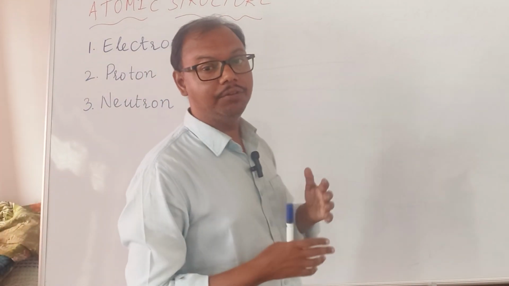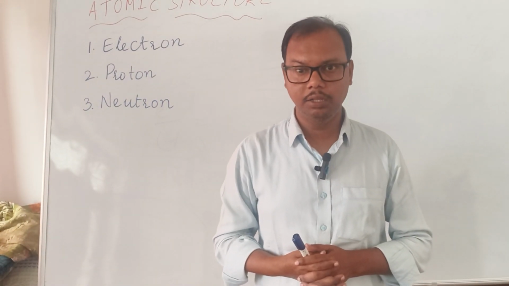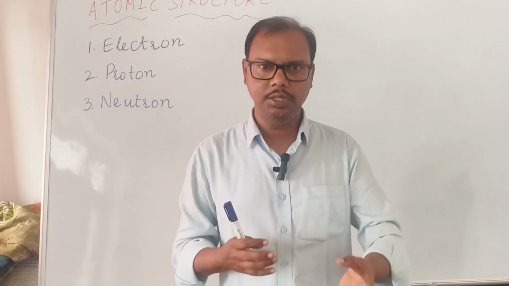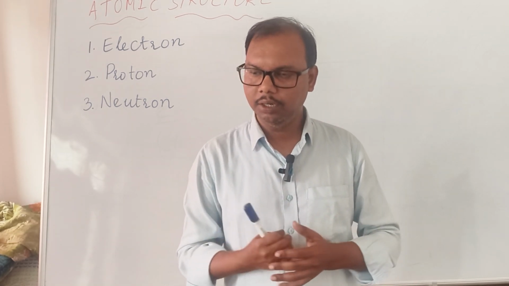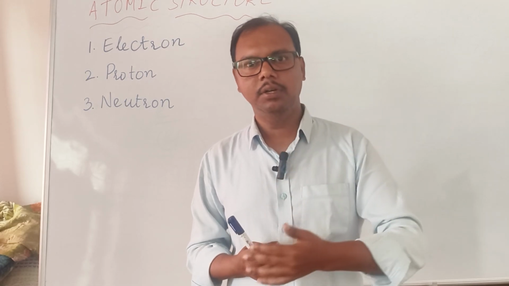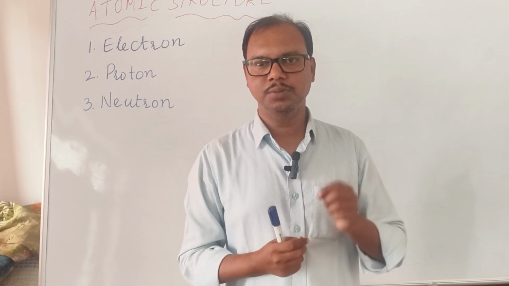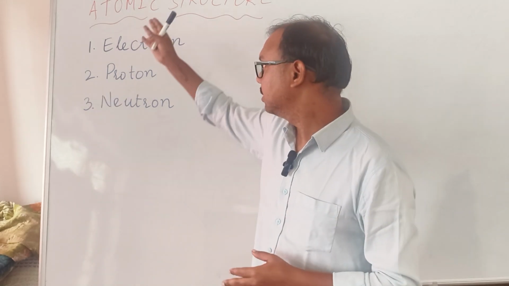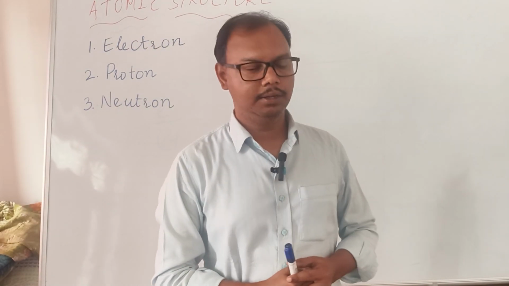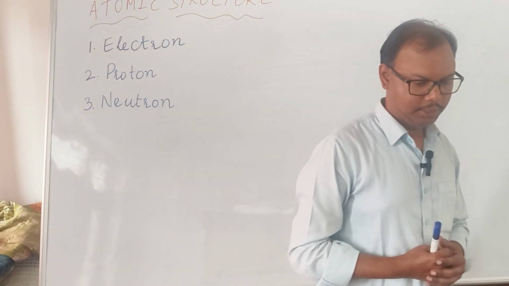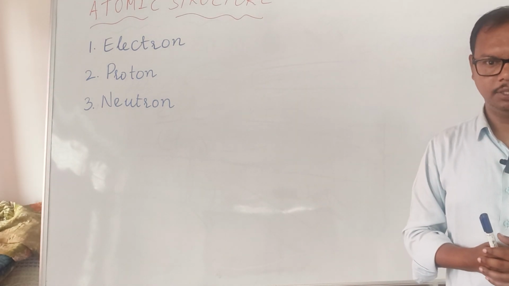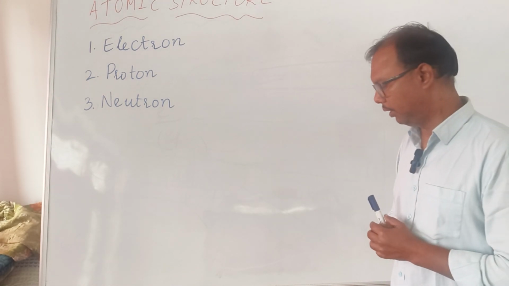By the discovery of these three fundamental particles, Dalton's atomic model loses its identity. Why? Because according to Dalton, the atom is the smallest particle of matter. But after the discovery of these three fundamental particles, it lost its identity. That's the point you have to keep in mind.